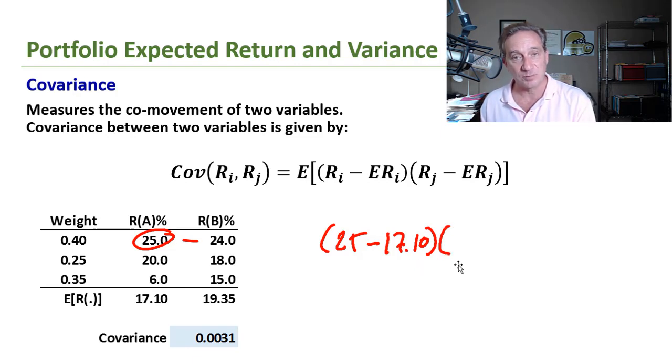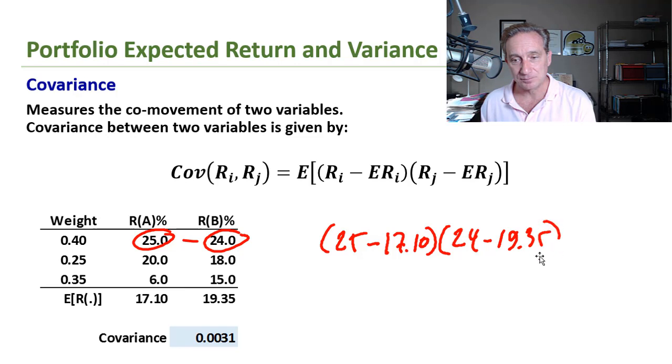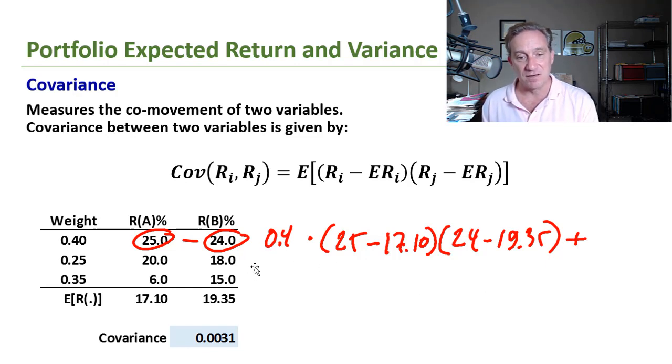And then now the cross product means we do the same thing for B: 24 minus its expected return. So that's the cross product, and then I am going to need to multiply it by its weight, so 0.4, and then we're going to add it and do the same thing on the next row.